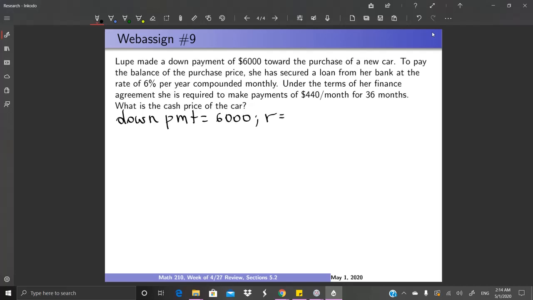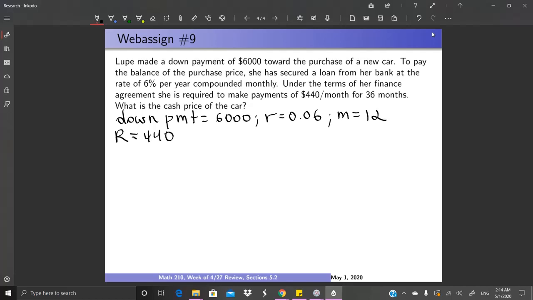I know R is equal to 0.06, and then compounded monthly, so I know that M equals 12. Great. Under the terms of her finance agreement, she's required to make payments of $440 per month for 36 months.